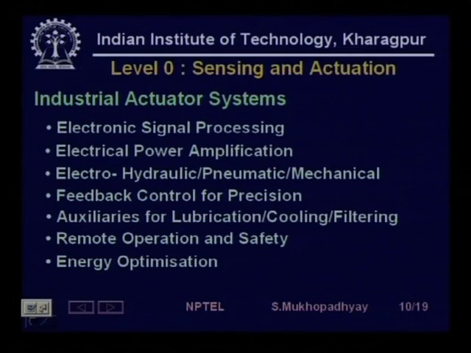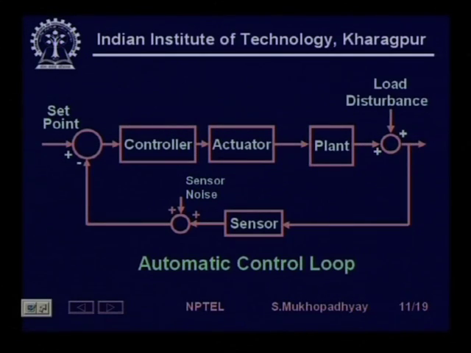Similarly, since they consume energy, you will find special systems which try to save energy in the actuator itself, such as freewheeling or switching off unnecessary energy devices. So typically this is what you will find in an industrial actuator, and in future classes we will look at various kinds of industrial actuators in detail.